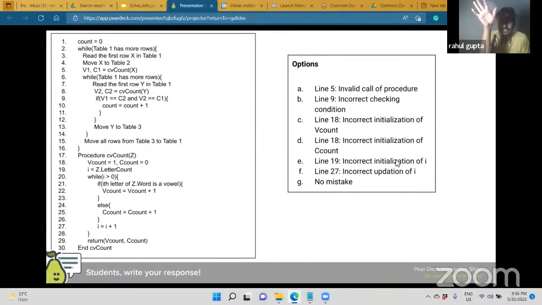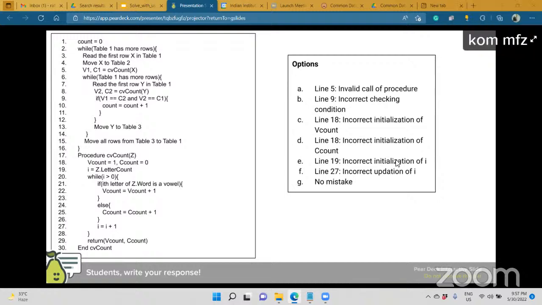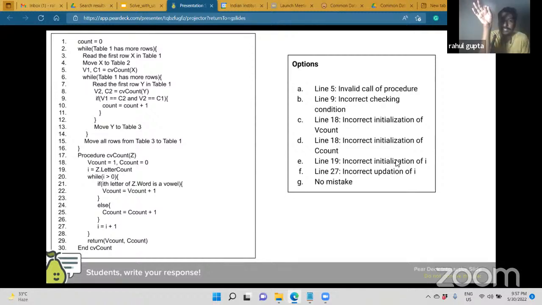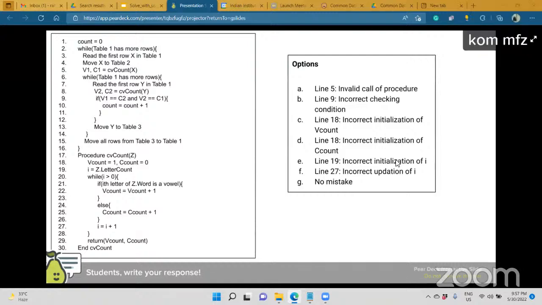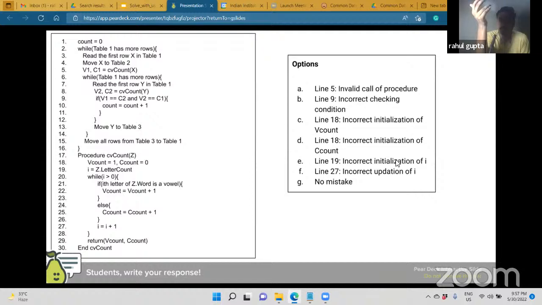Okay. Because line 5 is an invalid call of procedure, it is not that error. Call for a similar type of problem in the graded assignment also, for which I had initialization, you ignore. Because again, it doesn't say that error in line 5. It is the invalid call of the procedure. Okay.